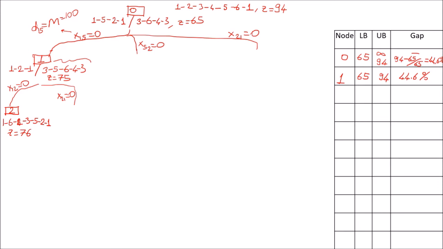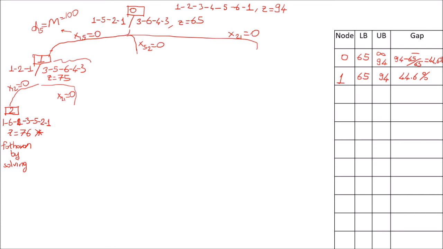Okay, now when you look at this solution over here, this is a feasible tour in node 2. It means that this is a new solution, and when you compare this solution with our previous solution, which is 94, since this is better, this is an incumbent solution. We update the incumbent. So we fathom by solving or by feasibility.